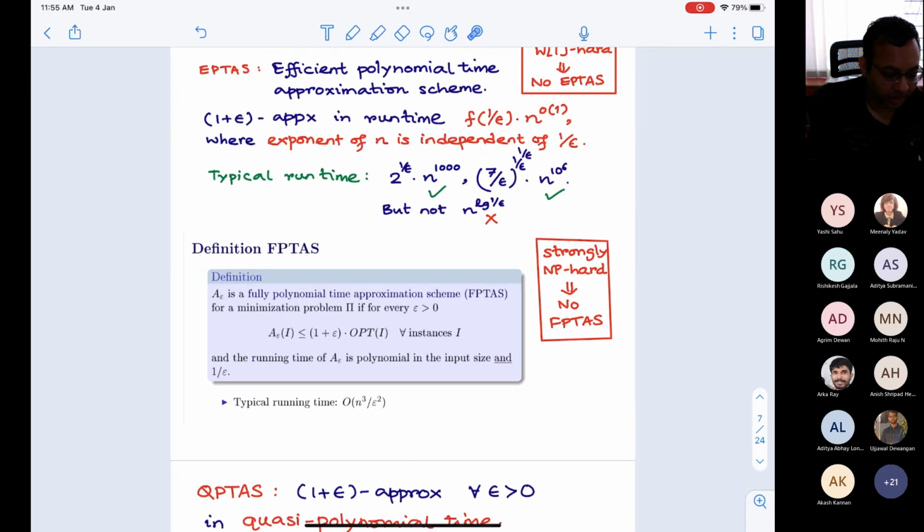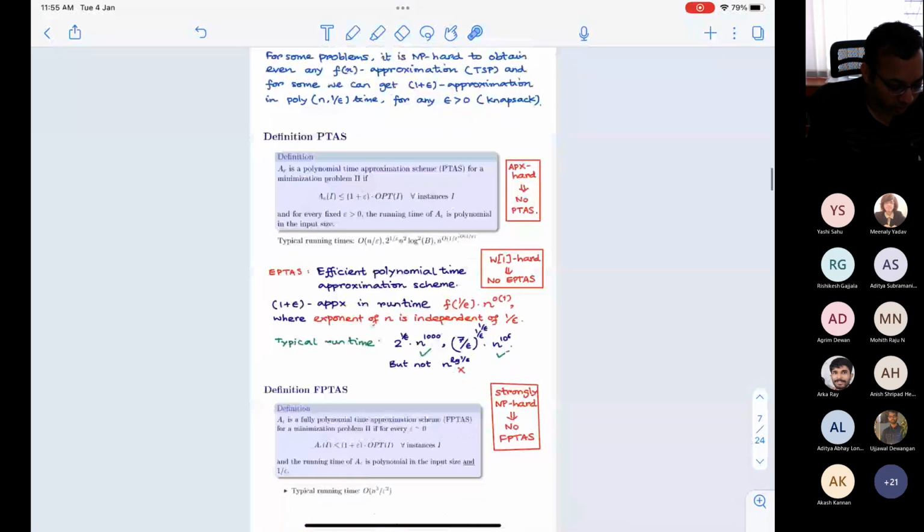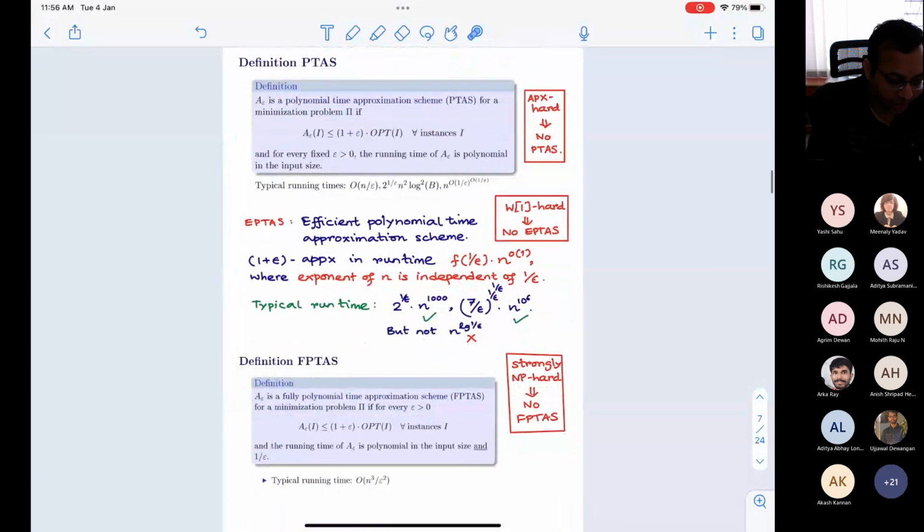So just compare these three: PTAS, EPTAS, and FPTAS. PTAS has n to the power 1 by epsilon kind of terms, whereas EPTAS might have some function of 1 by epsilon, which is actually exponential in 1 by epsilon, but the exponent of n is constant, independent of 1 by epsilon. But in FPTAS, it is polynomial in both n and 1 by epsilon.